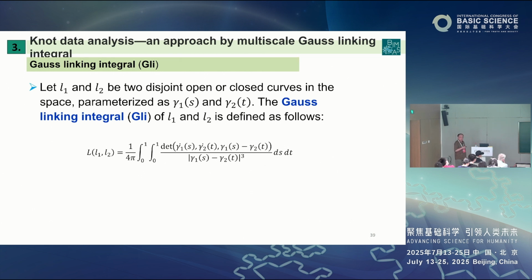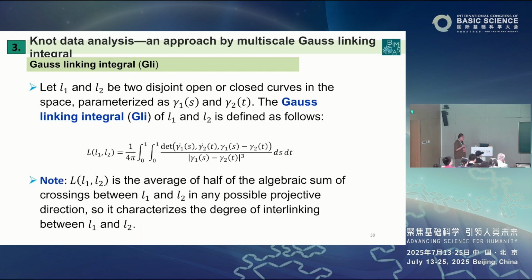This was first introduced by Gauss. Note the Gauss linking integral is the average of half of the algebraic sum of crossings between gamma 1 and gamma 2 in any possible projective direction. So it characterizes the degree of interlinking between the two curves.